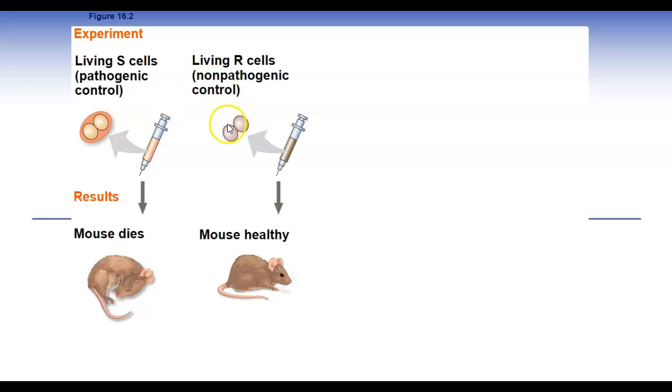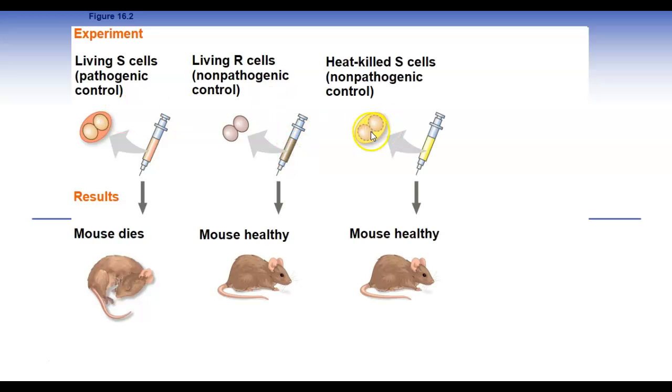He had another strain that was called rough that didn't have that capsid, and that strain wasn't lethal. It didn't kill mice. He also could show that if you took that lethal strain and heated it, so he broke down the bonds of the proteins and some of the lipids, that bacteria would no longer be lethal, so that those mice injected with heat-killed S cells, they lived.